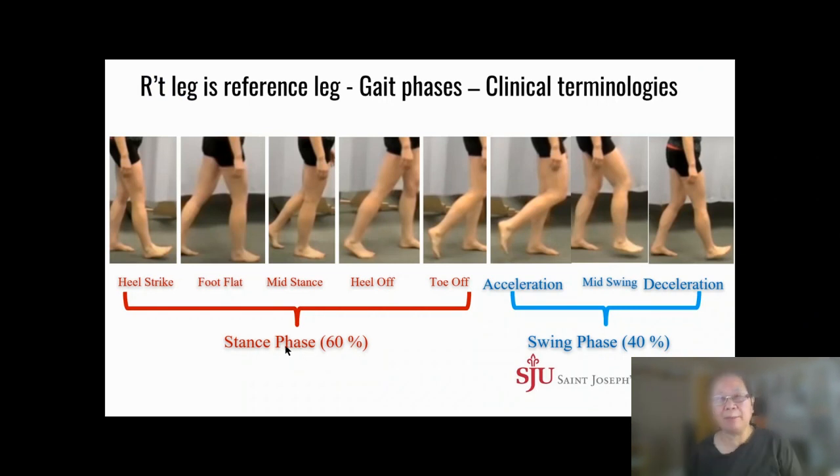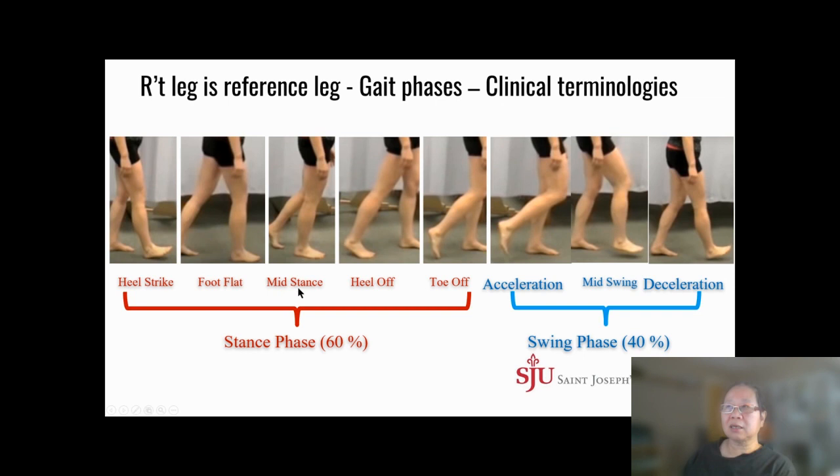So now I'm grabbing a few snapshots, the frames of the gait cycle. We still use right leg as the reference, and I'm introducing the clinical terminologies. It's easy to remember. So the first thing is the right foot has a heel strike, heel contacting the ground.